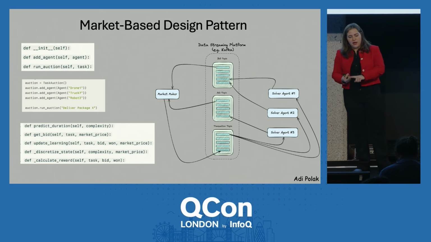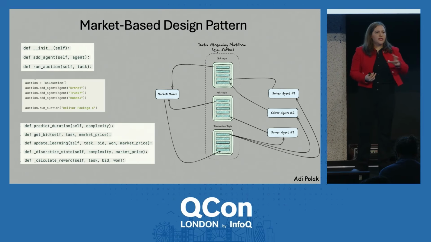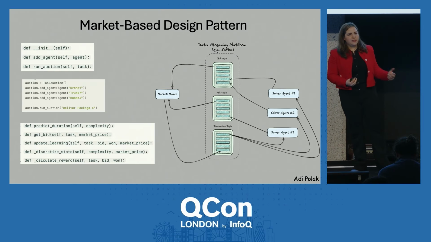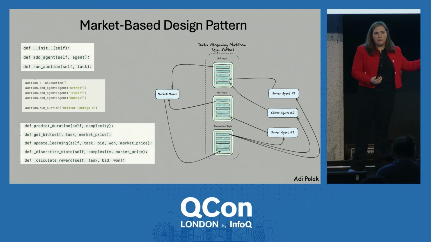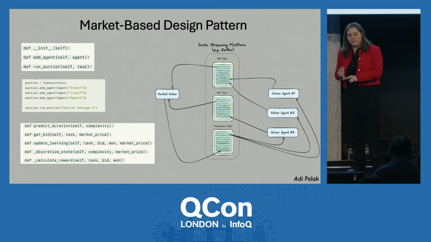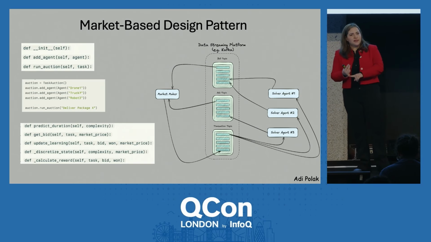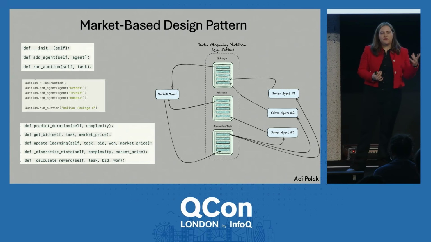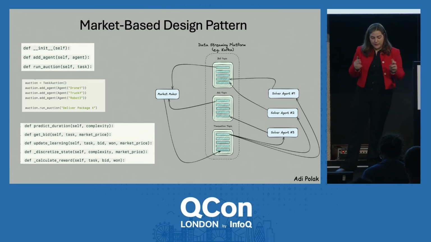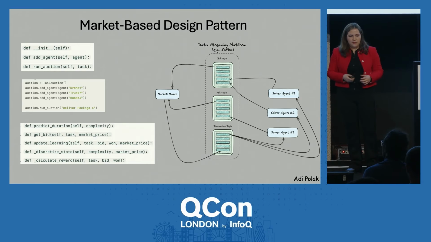And you can imagine how this market-based design pattern already translates to other domains beyond delivery capabilities. For example, advertisement, marketing tech, right? We need to bid for a specific advertisement space. And there are many other biddings that we do.